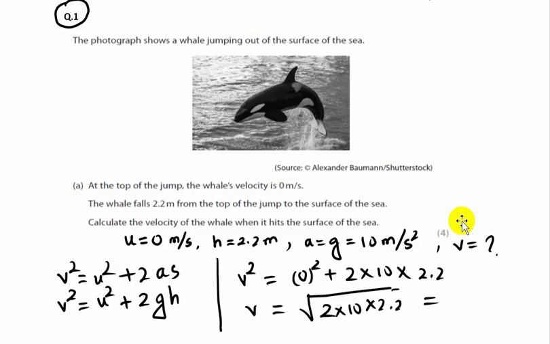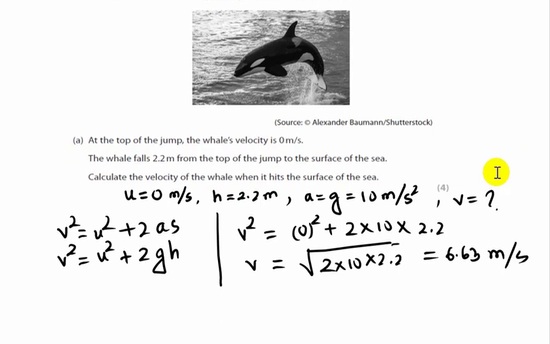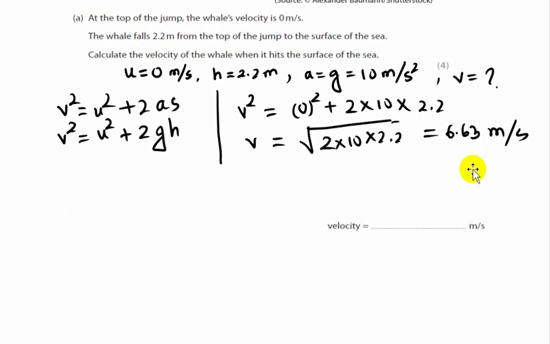So the answer is 6.63 meter per second. So 6.63 meter per second is the final velocity of the whale when it hits the surface of the seawater.